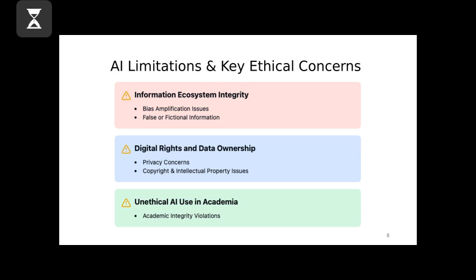So when generating new content, AI may perpetuate these biases, or it may create entirely fictional information, which is also called hallucinations, or we say AI hallucinates, because again, AI is not designed to identify inaccuracies.